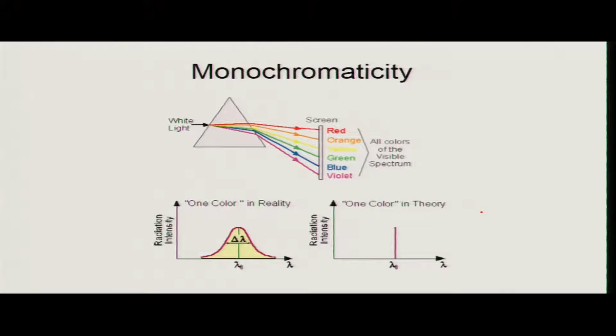So, the monochromaticity, as we mentioned, is essentially the single possible wavelength that can be generated, which in theory can be as simple as a stick or a single line. However, in reality it is always a spread which is delta lambda, as we have discussed before, and in fact this has a Fourier relationship to time.